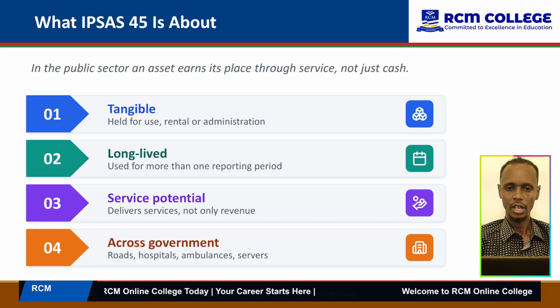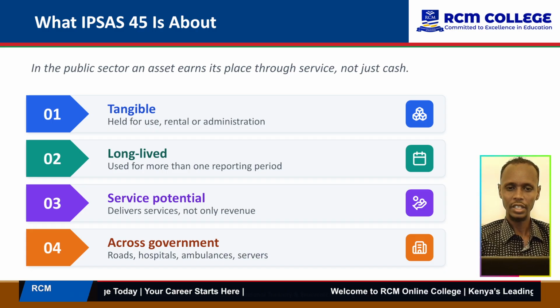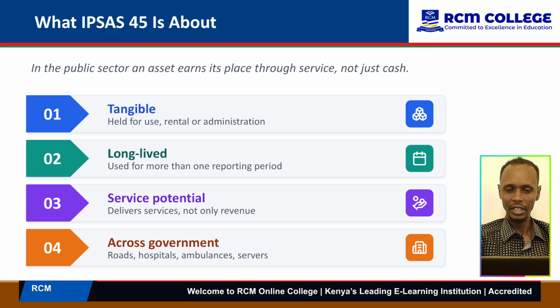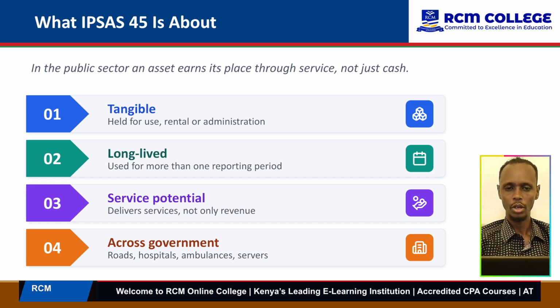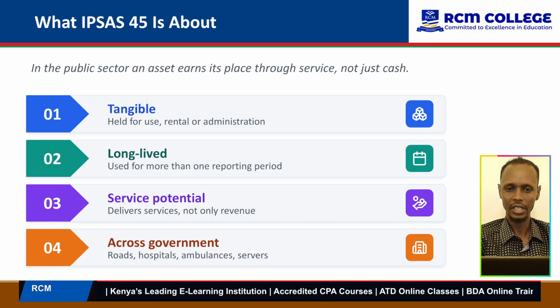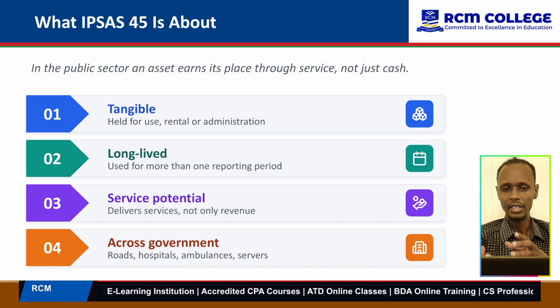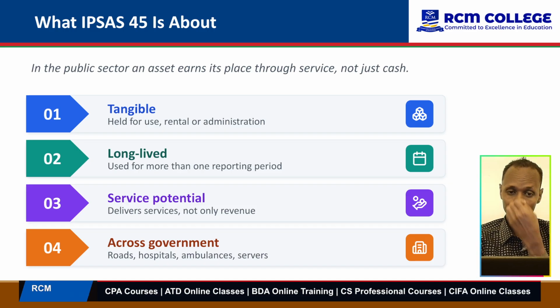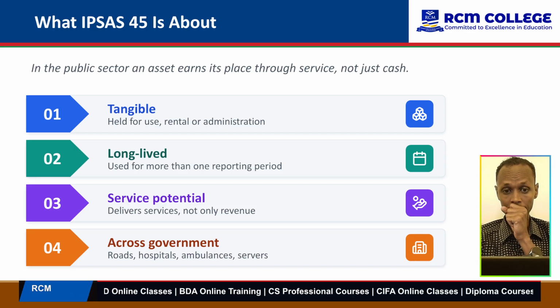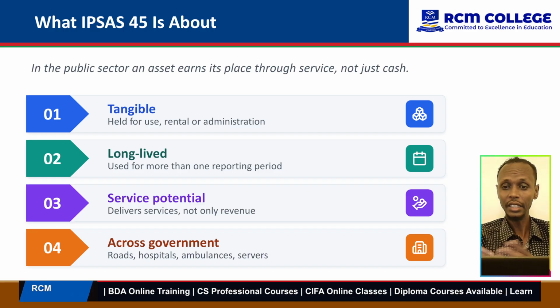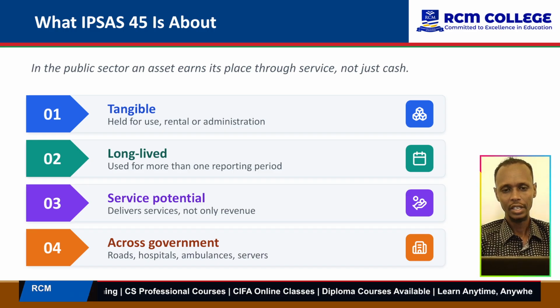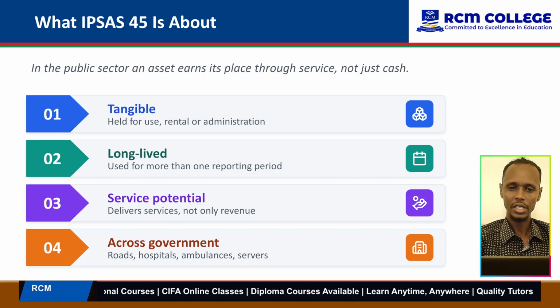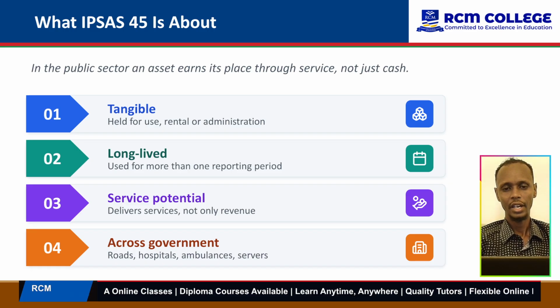So in their statement of financial performance or income statement, it ends with either profit or loss. In government, since ours is to deliver services, you see surplus or deficit. For example, we may construct a bridge in a remote area, but that is not possible in the private sector. So ours is service delivery.